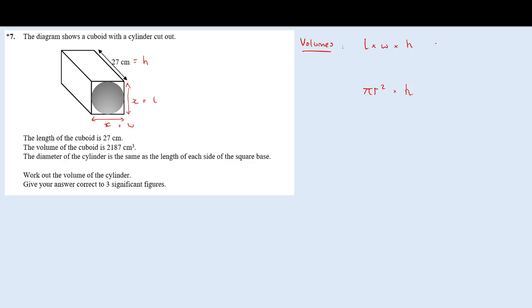I know that the volume of the cuboid is 2,187. I know the length of the cuboid, what I'm calling my height. So I know that x times 27 is 2,187. Taking small steps from there, I'm going to have 27 times x squared.